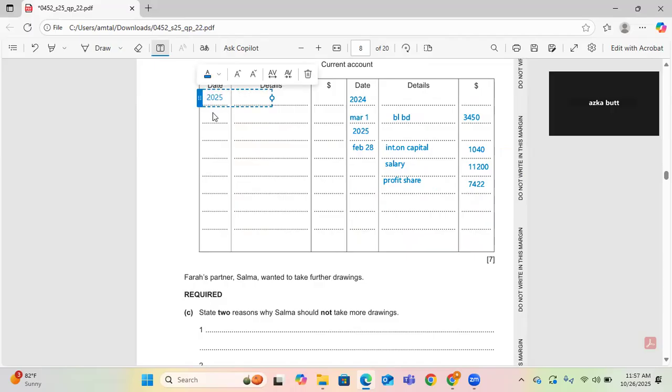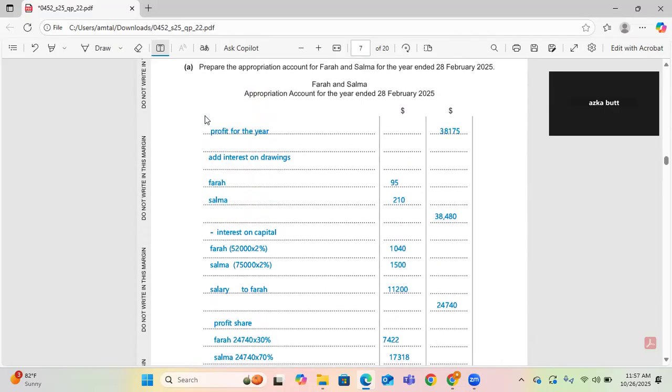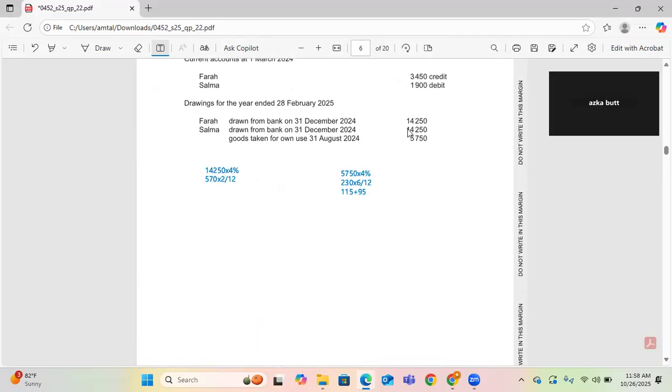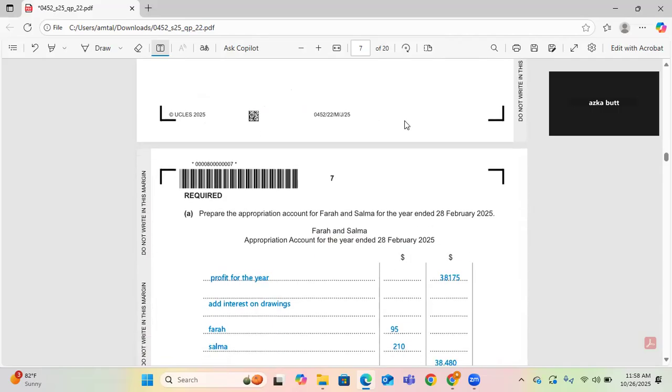2025 Feb 28, sorry. So let's write the drawings first. How much were the drawings of Farah? As you can see, Farah's drawings were 14,250.